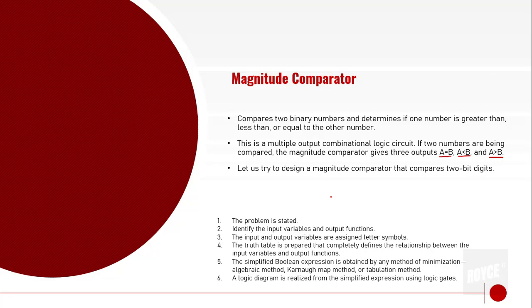Now, that simplified Boolean expression, because we know that it will give us the least number of logic gates to be used, we're going to convert that into our logic circuit, yung logic diagram natin. When we say logic diagram, it's a schematic diagram of logic gates.